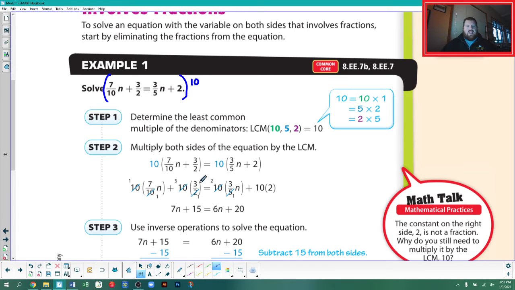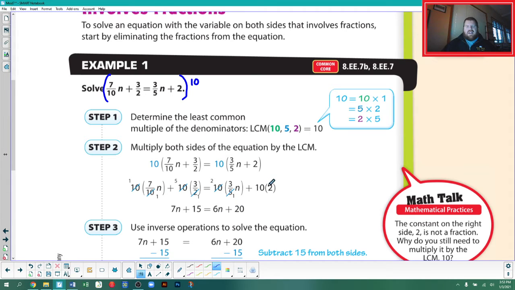When I multiply it by the 3 halves, 10 and 2 reduce to 5 over 1, and I get 5 times 3, which is 15. When I do it on the right side of the equal sign, 10 times 3/5 n, 10 and 5 reduce to 2 over 1, and so I have 2 times 3, which is 6.